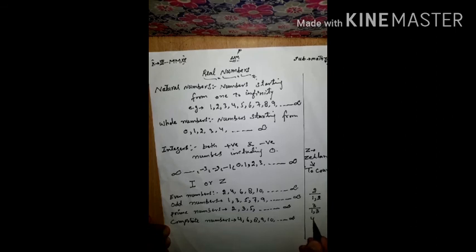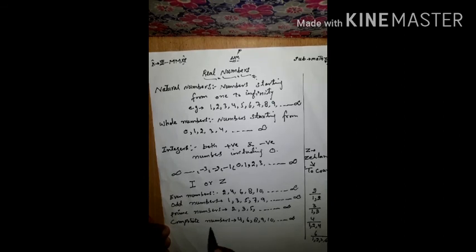If we take 4, 4 can be divided by 1, it can be divided by 2, it can be divided by 4 itself. So it has 3 divisors. So any number having at least 3 divisors is called a composite number. If we take 6, 6 is divisible by 1, it is divisible by 2, it is divisible by 3, it is divisible by itself, 6, so it has 4 divisors.